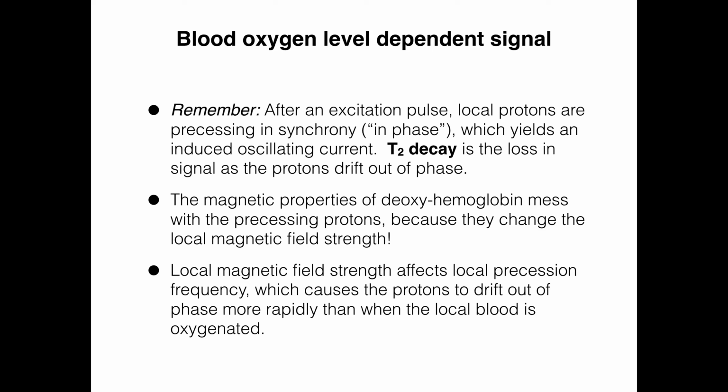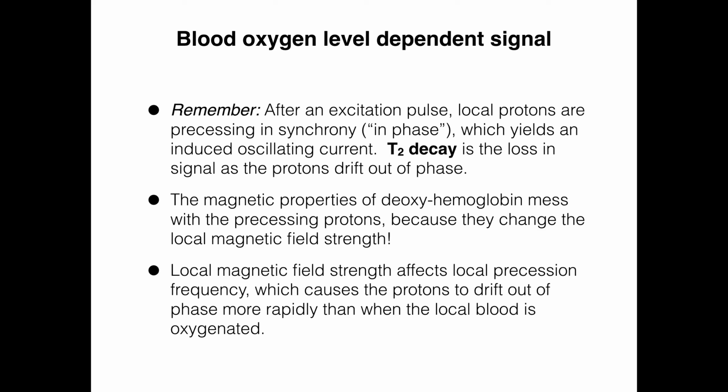So in the previous video, we talked about how you pulse the brain with radio frequency and the local protons are precessing in synchrony. They're in phase with one another, which yields an induced oscillating current on your receiving head coil. Now there's this idea of something called T2 decay, which describes the rate at which the signal is lost as the protons drift out of phase with one another.